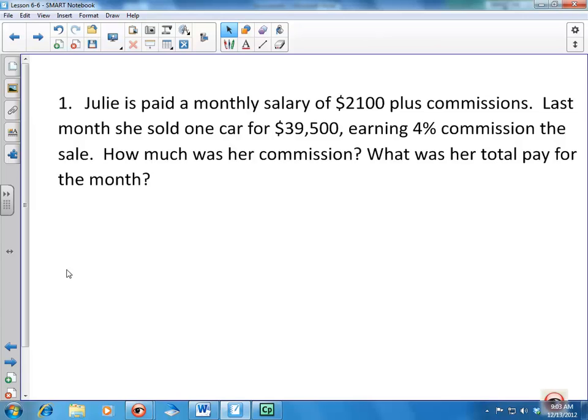Now, we do have a formula, I guess we could say, for finding commission. And our formula for finding the commission looks like this. Okay, let me write that here.